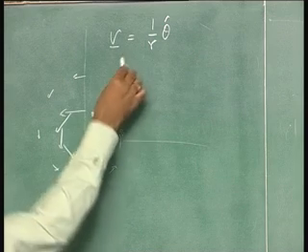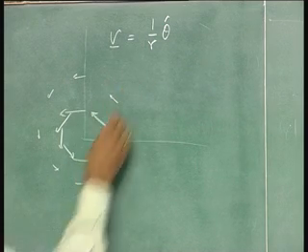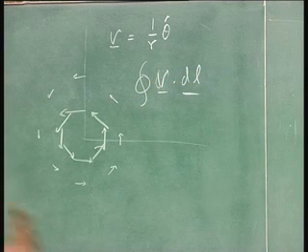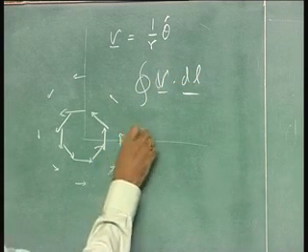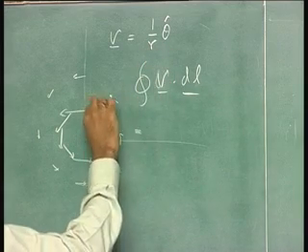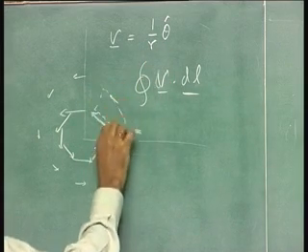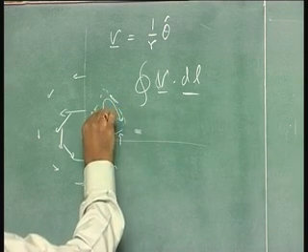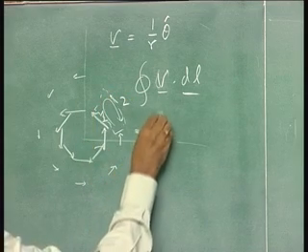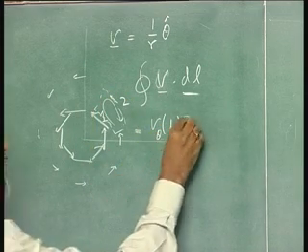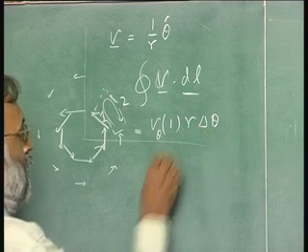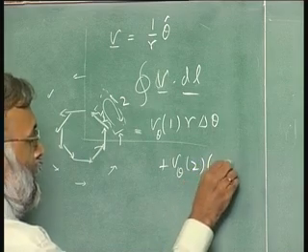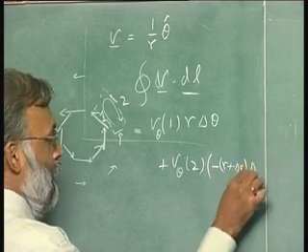Now, what happens if I do my loop integral? The same thing that I did earlier works, except that if I draw my loop, I find this is, let us say, 1 and this is 2: V theta of 1 times r delta theta plus V theta of 2 times minus r plus delta r delta theta.